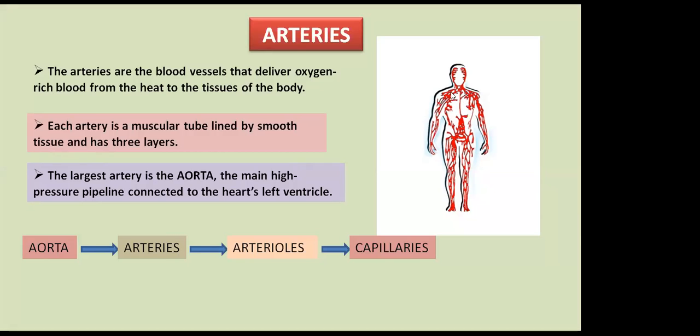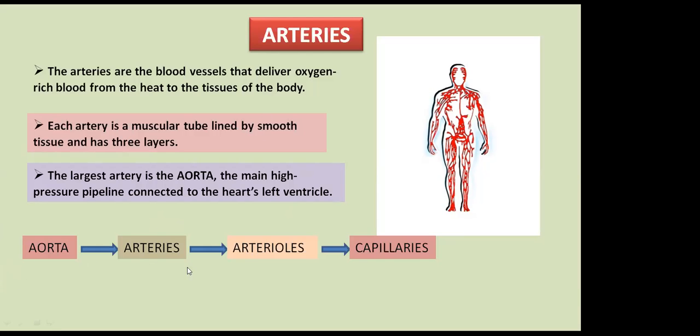The largest artery is called the aorta, which comes out of the heart. Already we discussed this in the internal structure of the heart. There are two aortic arches, the pulmonary aorta and the systemic aorta. The systemic aorta is the largest artery, and this is the main high-pressure pipeline connected to the heart's ventricle.